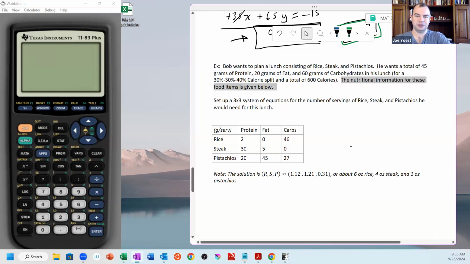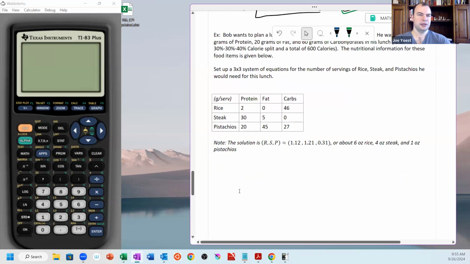And we have the nutritional information for these 3 foods. And we want to set up a 3x3 system for the number of servings of rice, steak, and pistachios he'd need for his lunch. And then you can put together a lunch.